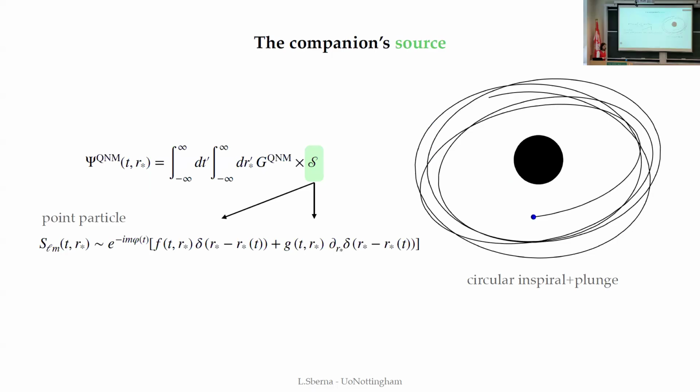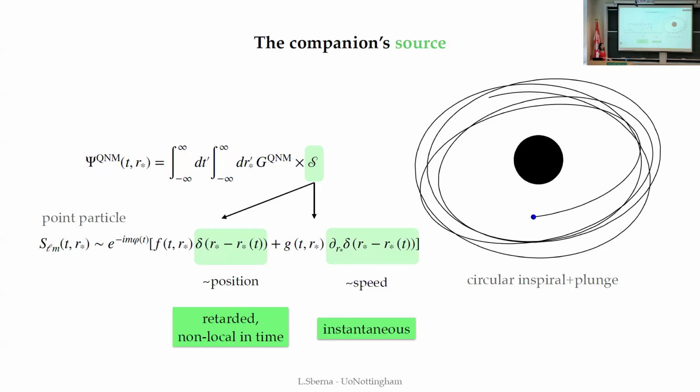Okay, so we dealt with the first piece of the puzzle. The second piece is the point particle source, which I've written down here a bit more explicitly. So this will oscillate with the orbital frequency of the particle and is localized on the particle trajectory, for which we will choose a circular inspiral that transitions to a plunge.